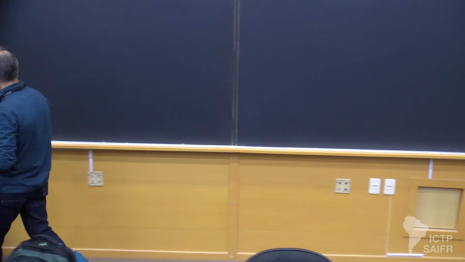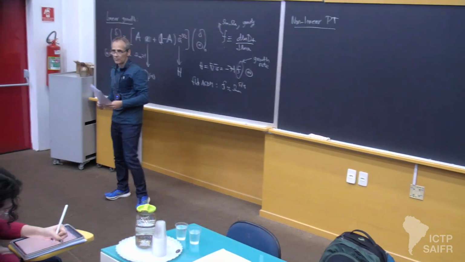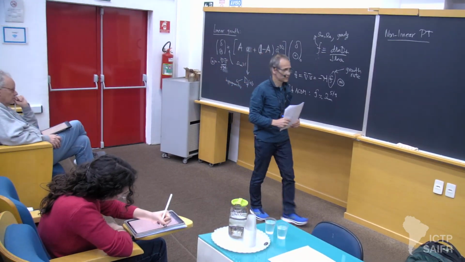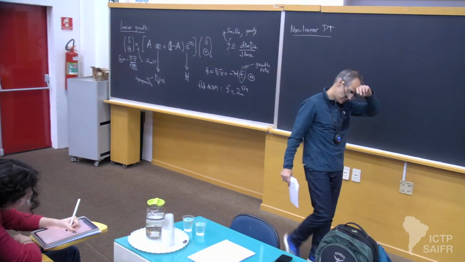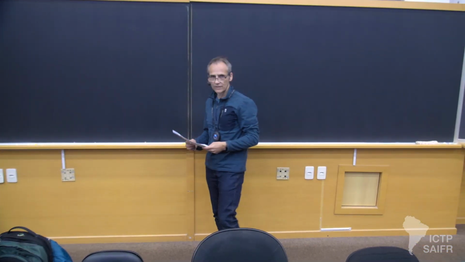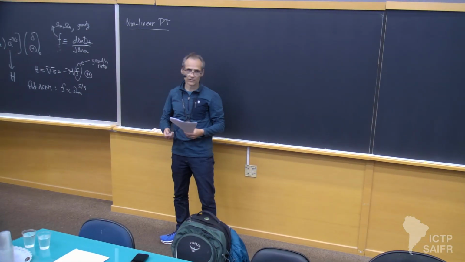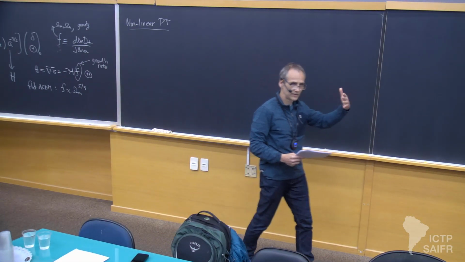So one way of calculating this is perturbatively. As long as fluctuations are still smaller than unity, but not 10 to the minus 4, we can get some understanding from analytic solutions of the equations of motion in an iterative fashion.